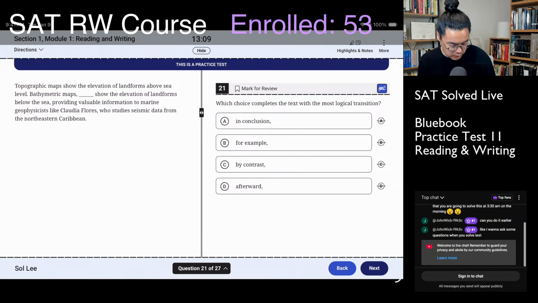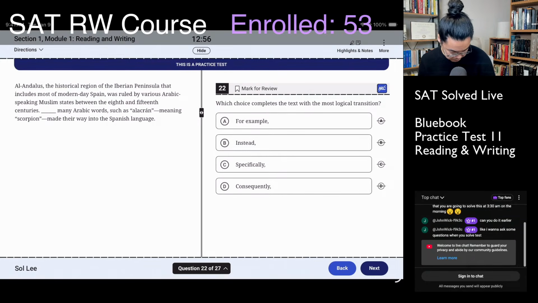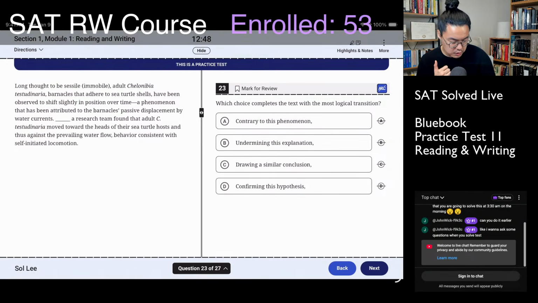Topographic maps show the elevation of landforms above sea level. Bathymetric maps, on the other hand, show elevation of landforms below the sea. Yeah. Done. 22. Al-Andalus was ruled by states. As a result, yep. Long thought to be sessile.